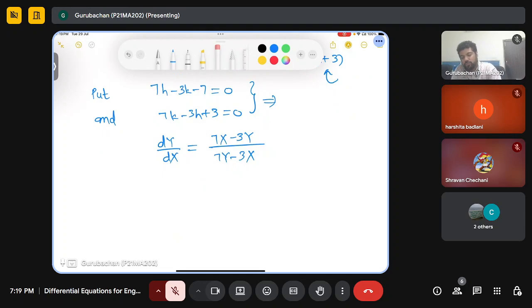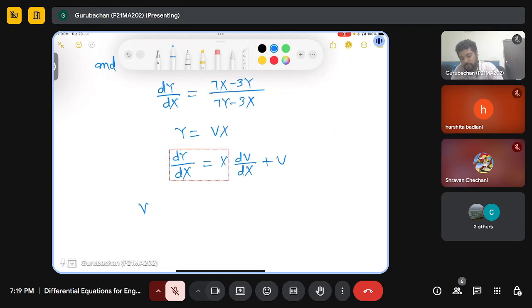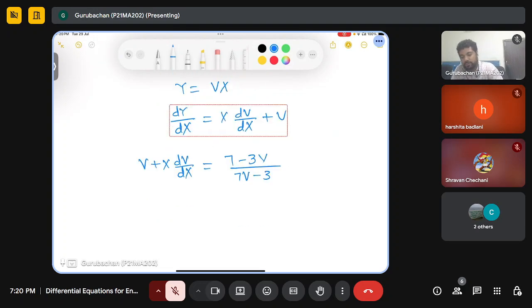So we have to substitute y is equal to v times x. Shravan, please check the error. I'm doing it here. This will give v plus x dv by dx. So this will be 7 minus 3v divided by 7v minus 3.